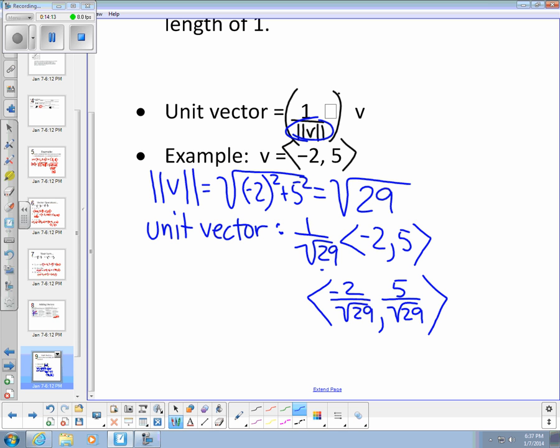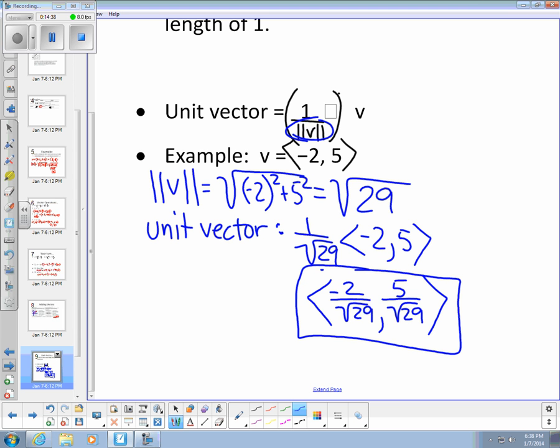That would be my unit vector, and if I found the length of the new vector that I just wrote, the unit vector, it should come out to be 1. So if I did the square root of each of those components squared, it would add up to 1. So the unit vector would go the same direction as our original vector. If we graphed -2, 5, the only difference is its length would be 1.